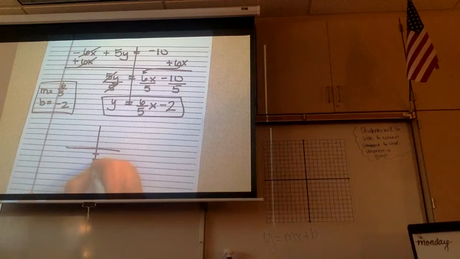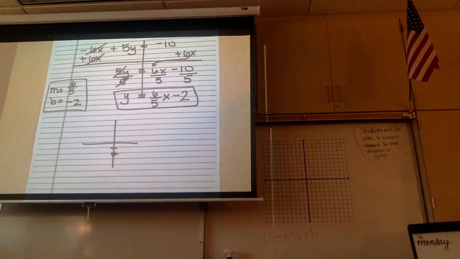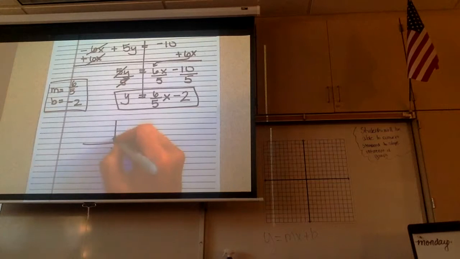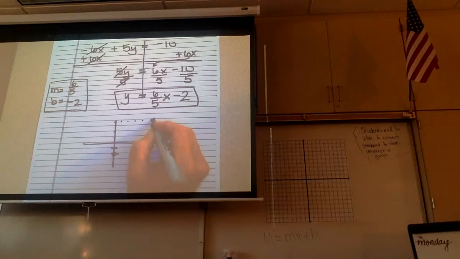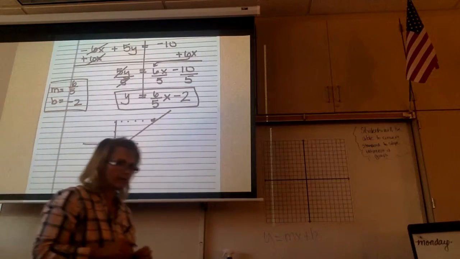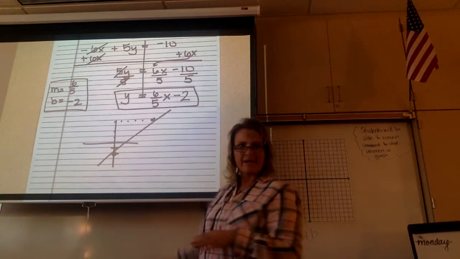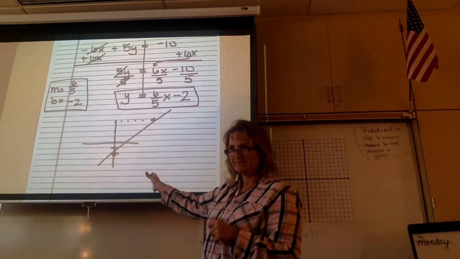From there, what are my moves? Up 6, over 5. 1, 2, 3, 4, 5, 6. Over 1, 2, 3, 4, 5. Boom. I know what that looks like now. I didn't at the beginning because it was in standard form, not slope-intercept form. Any questions?